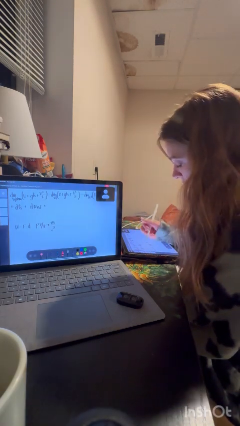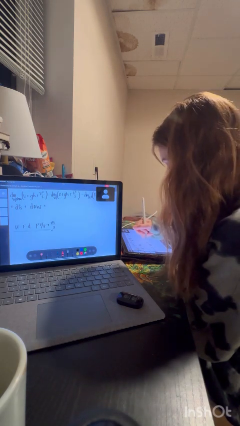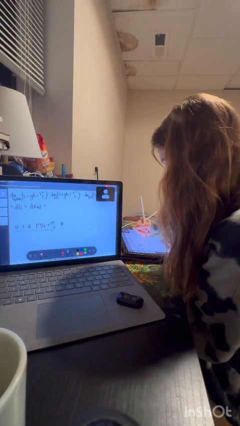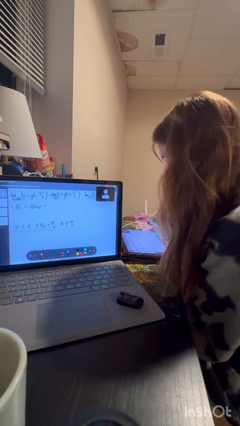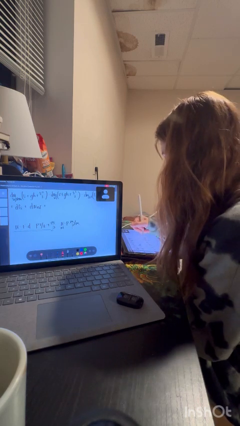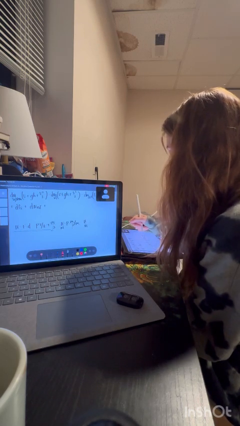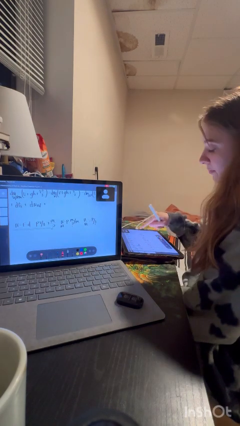If we rewrite what we just discussed, work is equal to pressure times mass over density. We divide both sides by mass. It can be seen that work per mass is equal to pressure over density.